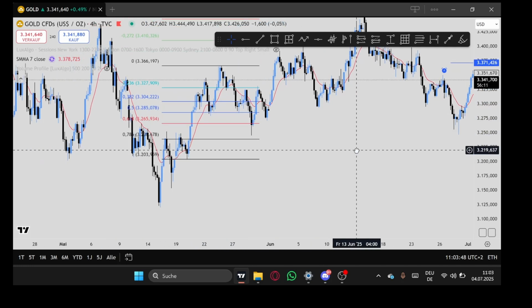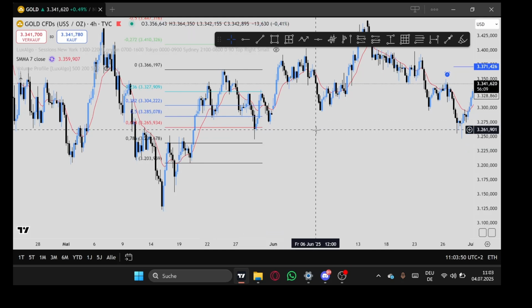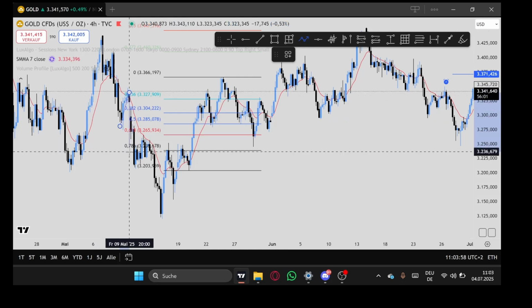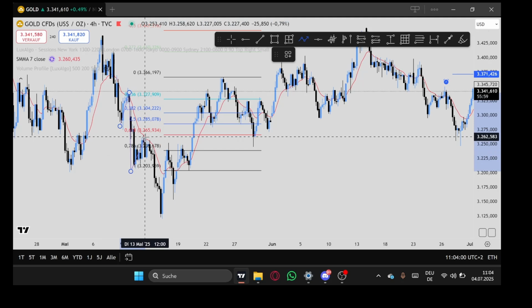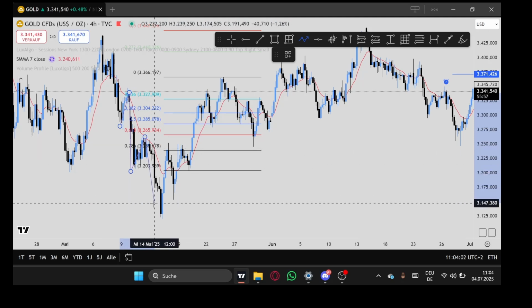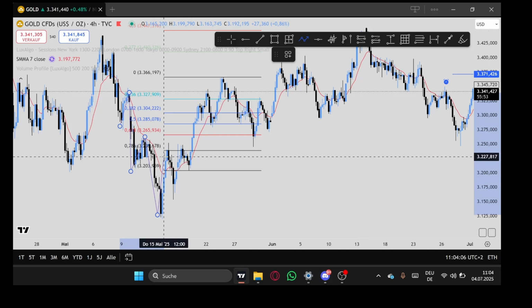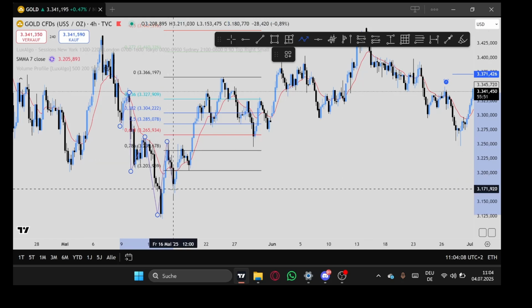And if you're wondering why, you can see a structure right here, back down, back up, back down, up.